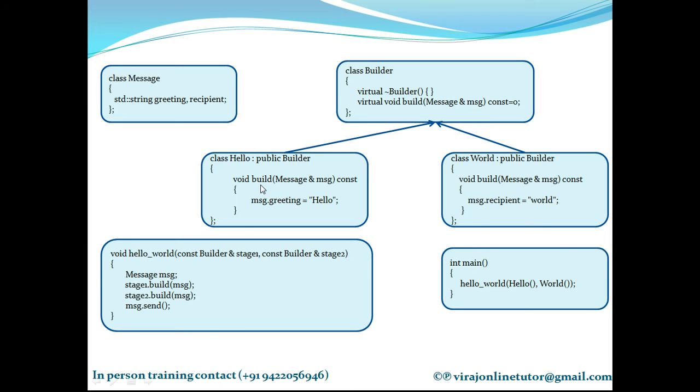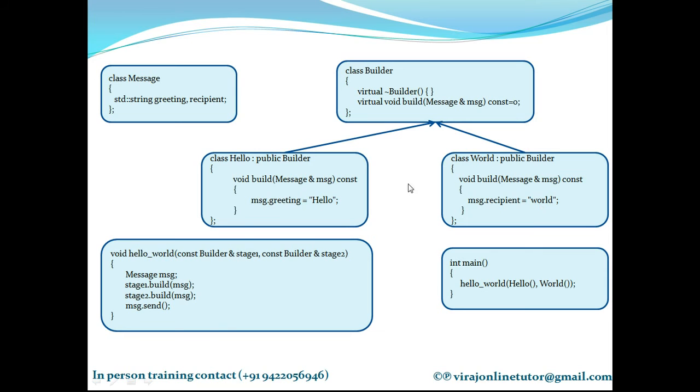In the build function definition of hello, I am accepting a message object from outside and setting its greeting component to hello. Similarly, in the build function of class world, I am accepting a message object from outside and setting the recipient component of the message object to world.